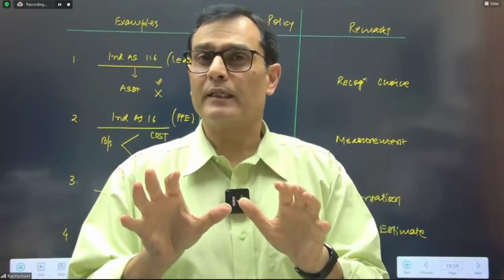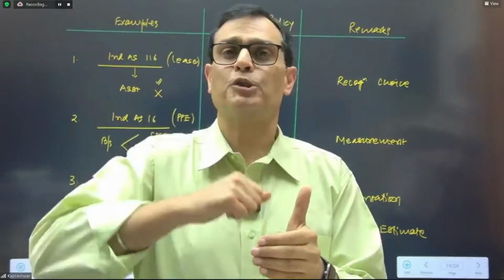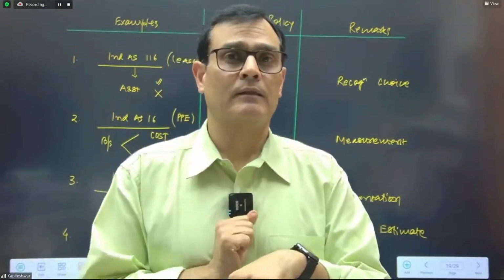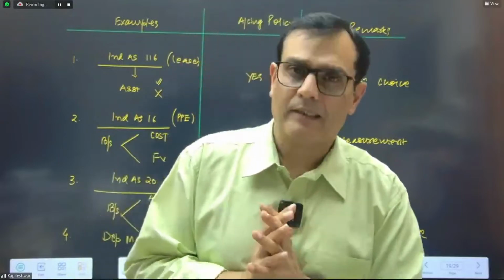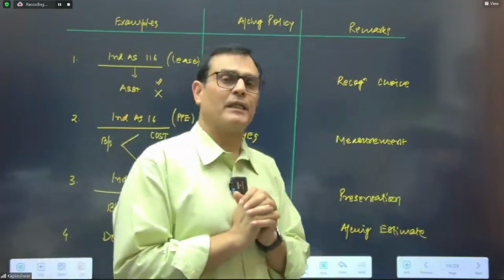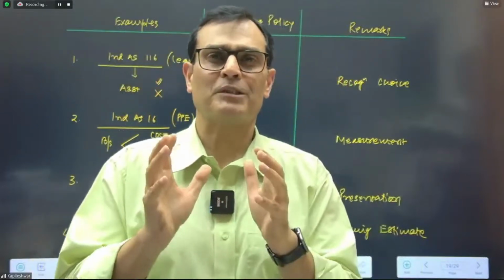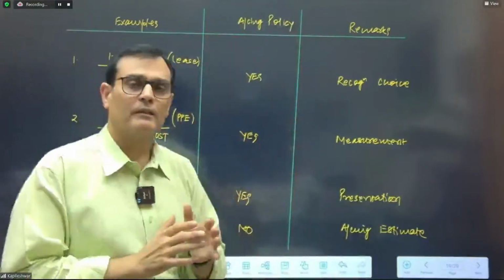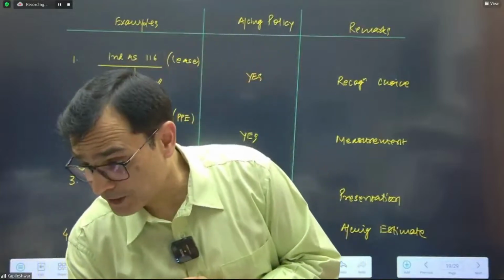When you're looking at an accounting policy, you're looking at, number one, is it a recognition choice? Should we show the asset or not? A measurement choice, at this value or that value, and a presentation choice, gross in the balance sheet, net in the balance sheet. So this is recognition, measurement, and a presentation choice. Right, friends, so far so good.